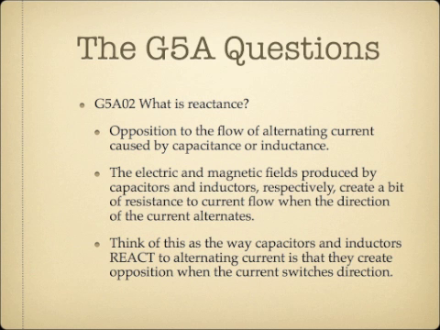And when the direction of the current flow switches back and forth, like in an AC circuit, these magnetic and electric fields will resist the flow, at least temporarily, when it switches back and forth. So reactance is basically the way capacitors and inductors react to alternating current.